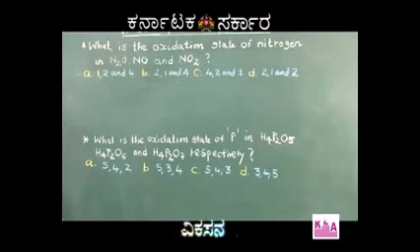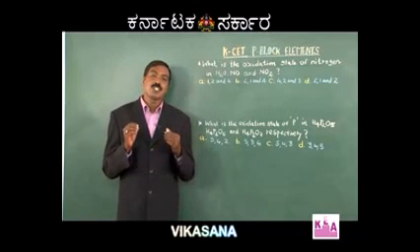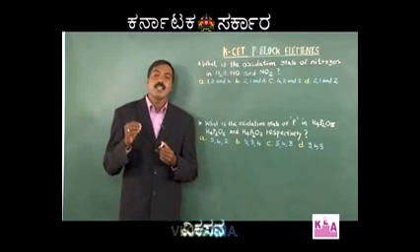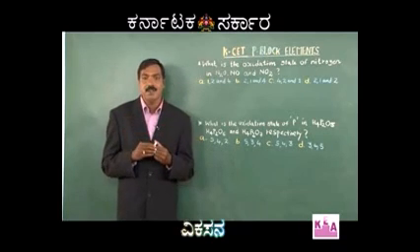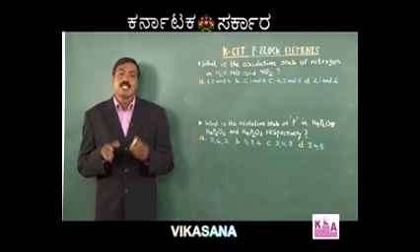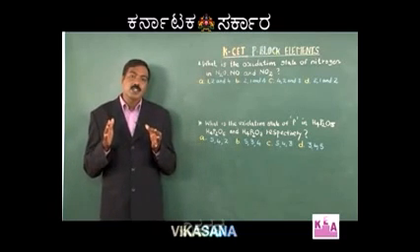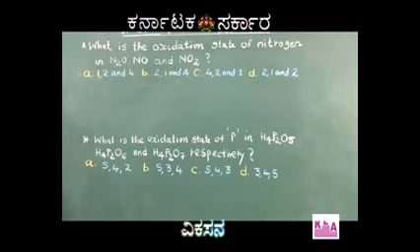What is the oxidation state of nitrogen in N2O, NO and NO2? Let me give you a fair idea about the oxidation states of nitrogen. Nitrogen can exhibit a maximum oxidation state of +5 and the lowest oxidation state is -3. The range of oxidation state of nitrogen is from -3 to +5. I have with me nitrous oxide, nitric oxide, nitrogen dioxide.